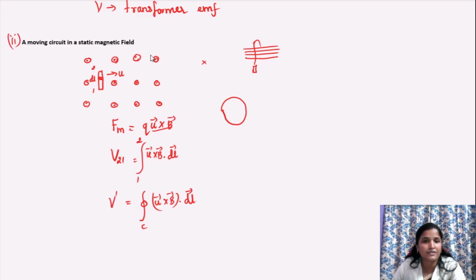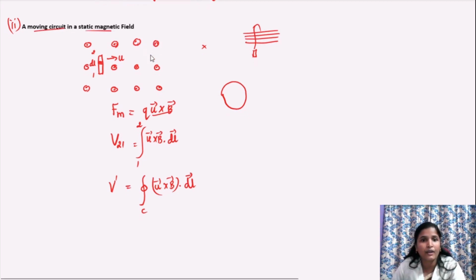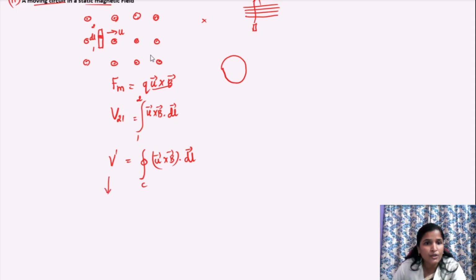This v dash is the induced EMF obtained when we move the circuit in a static magnetic field. Okay, so this v dash is known as cutting EMF or motional EMF. Why? Because the circuit is moving. Cutting EMF means we got this EMF because the conductor is cutting the magnetic flux lines.